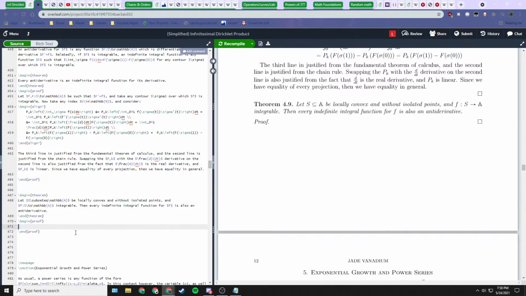Okay, so the proof. Let F be an indefinite integral function for f. Actually, maybe I should do that first.